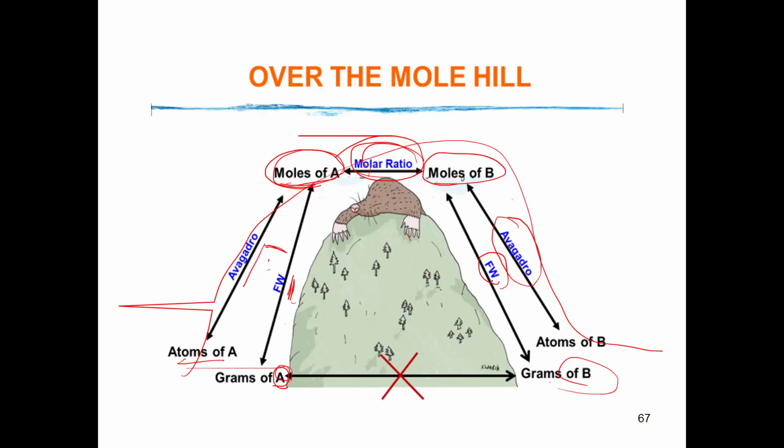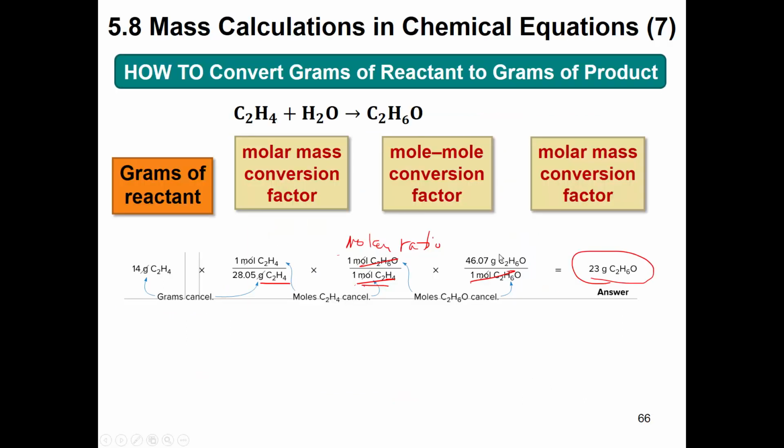Does that make sense? So if we look back at this last problem, this C2H4 and H2O to give you C2H6O, when I'm just doing it to help me do the problem, I just do my molehill like this, and so I put a line here.